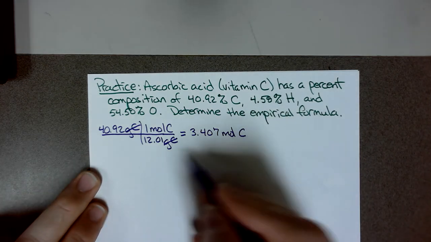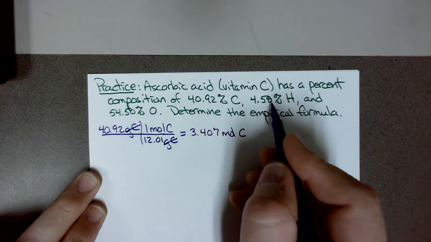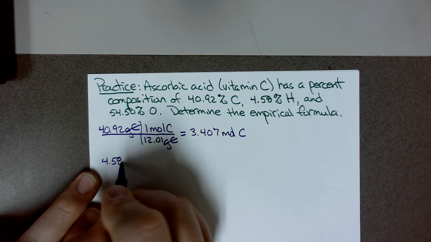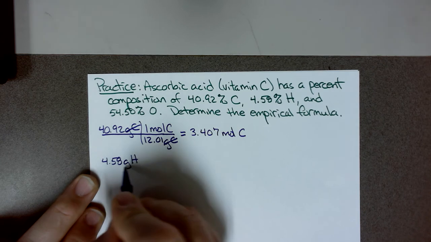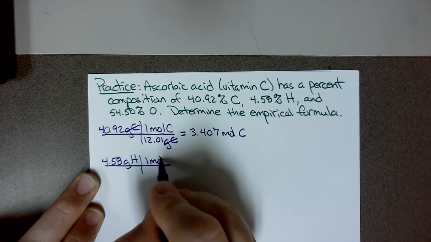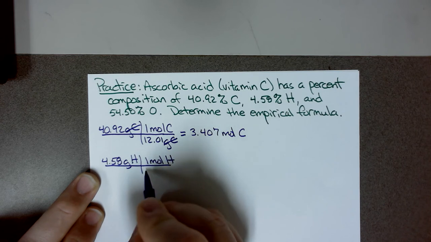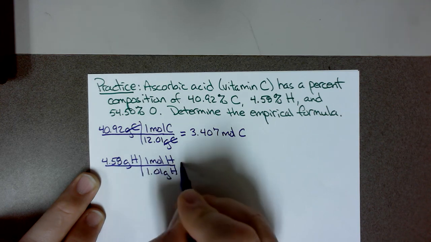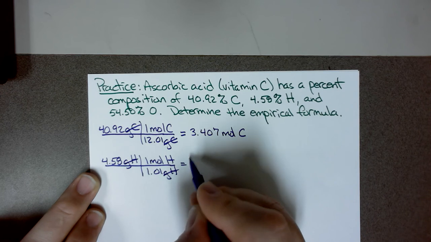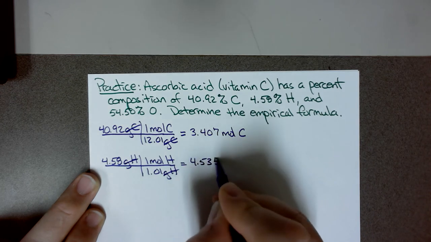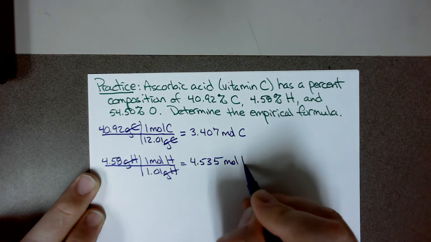And the next one, we have 4.58 grams of hydrogen. Go to the mole using molar mass, because we're going to compare mole ratios. That's 1.01 grams of hydrogen. So that comes out to be 4.535 moles of hydrogen.